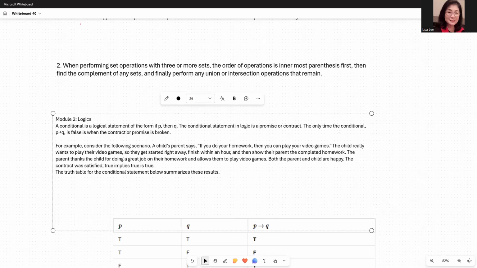The only time the conditional P implies Q is false is when the contract or promise is broken. So remember, this is an important statement.